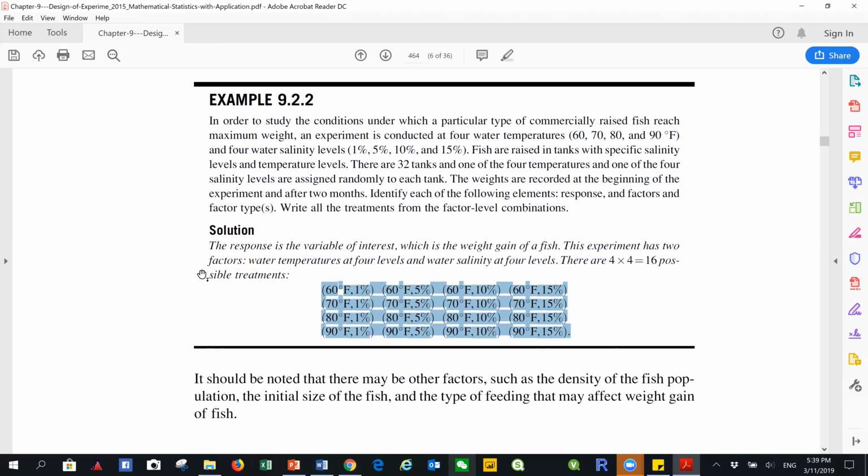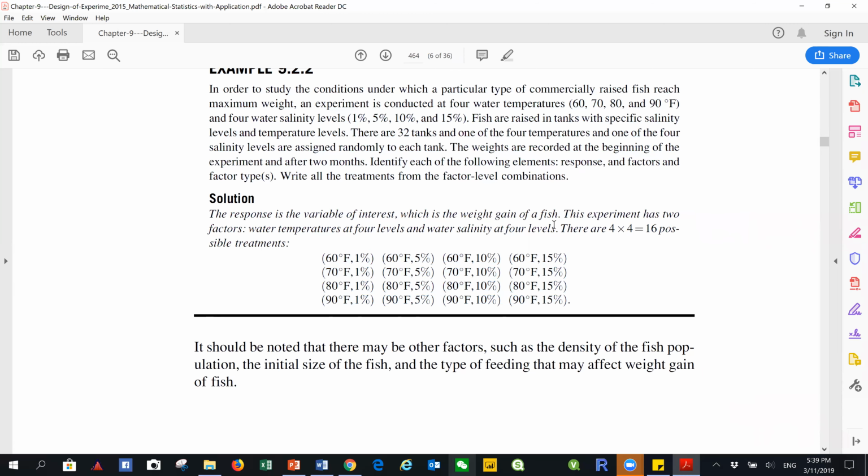We shall randomly assign the experimental units, which are fish, into each treatment. And then we can study the combined effect of temperature and the salinity level.